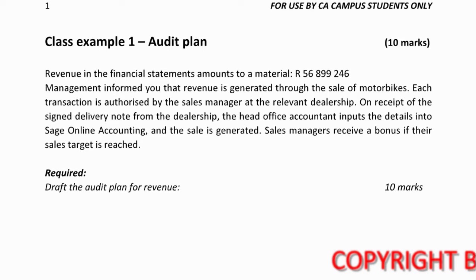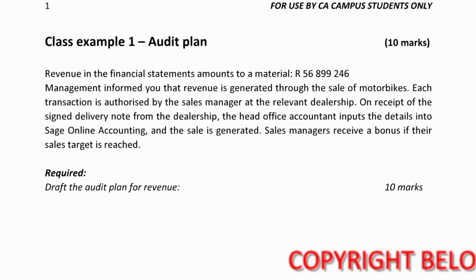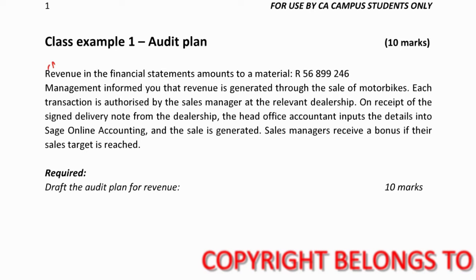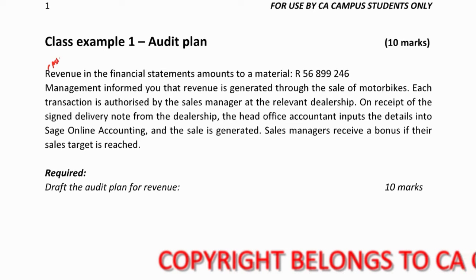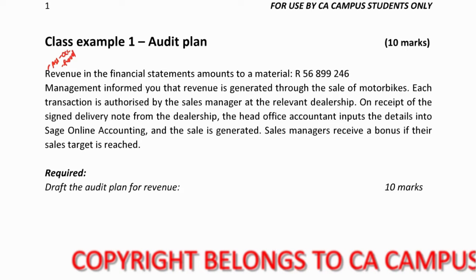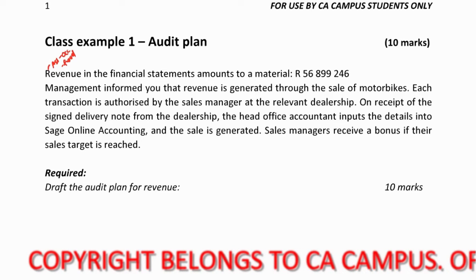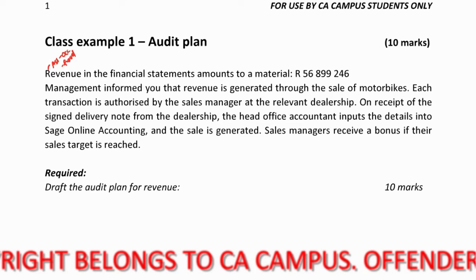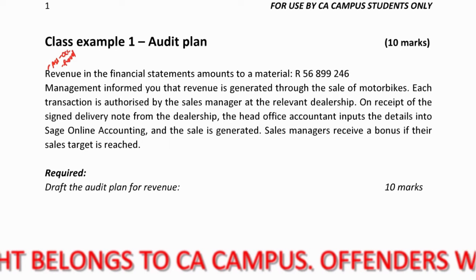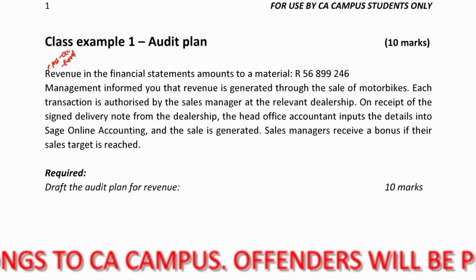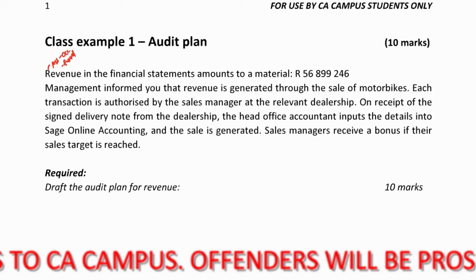Class example 1, the audit plan, and you've got 10 marks. So revenue, I automatically make a note, assertion level risk with regards to the occurrence because there is a fraud risk. We looked at that last week per ISA 240. In the financial statements it amounts to a material 56,899,246 rand.